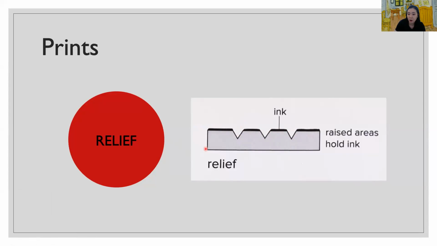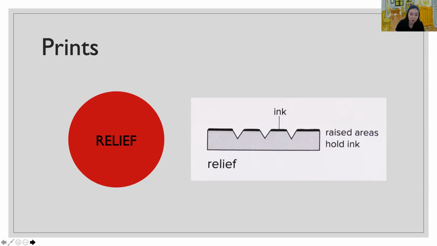All the types of printing by the raised area are called relief. The term relief describes any printing method in which the image to be printed is raised from a background.